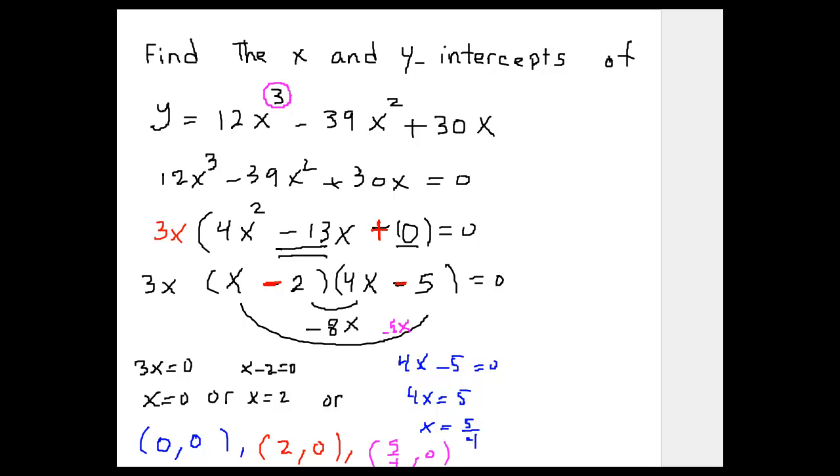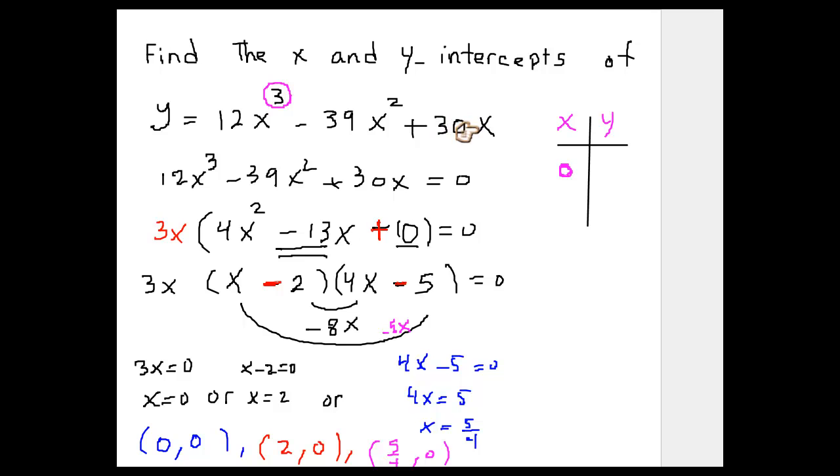Remember that to find the x and y-intercept, if you let x is equal to 0, you can solve for y, right? If x is equal to 0, we can tell what is y?